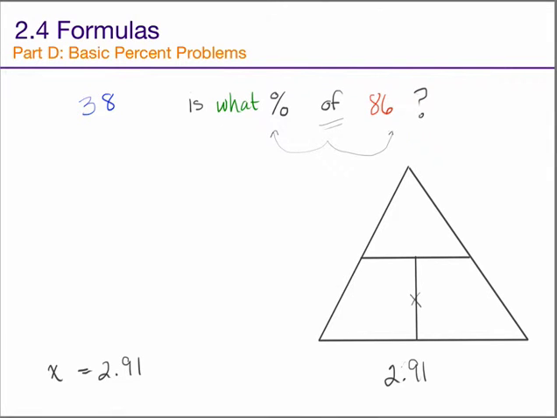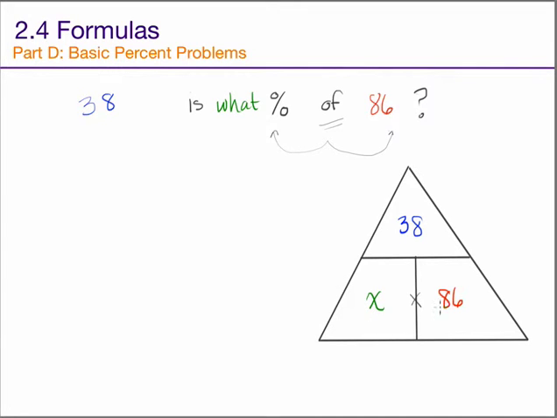So what goes to the left of the vertical line is the what, the unknown, the x. What goes to the right of the vertical line is the number 86. What goes above the vertical line is the only thing left, the 38.